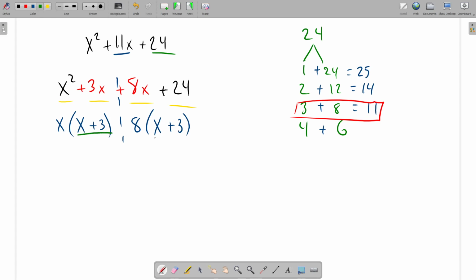Because this x plus 3 and this x plus 3 are the same, we know that we've successfully factored by grouping, and we can go ahead and write our final answer by having the two things that are the same be one factor, and then the two things that were pulled out as a GCF, x and positive 8, are the other factor.